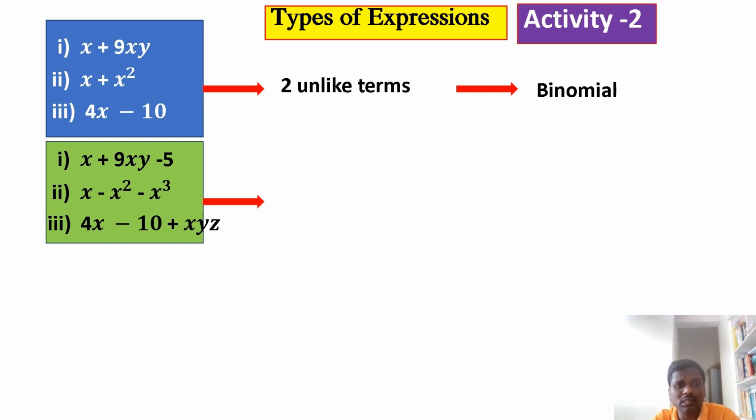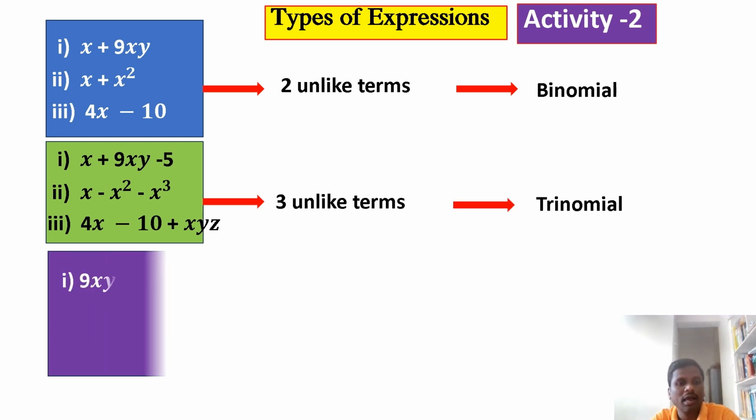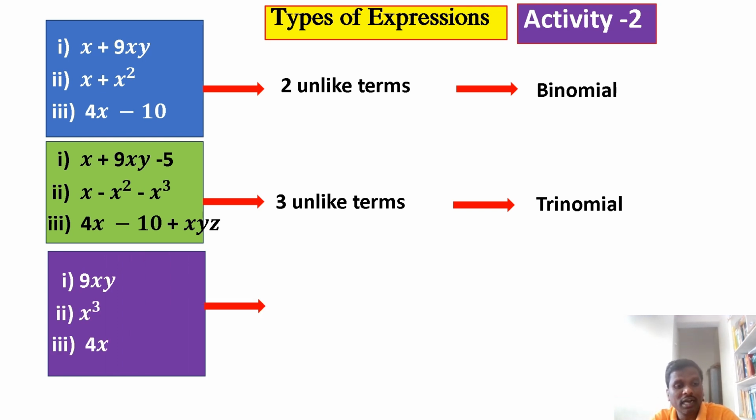In these three cases we have three unlike terms. An expression with three unlike terms is called a trinomial. And next, 9xy, x cube, and 4x are single algebraic terms. A single term is called a monomial.